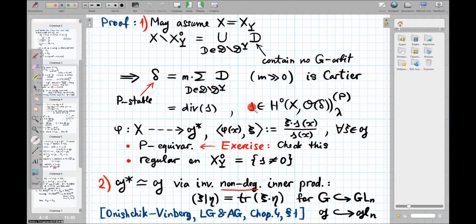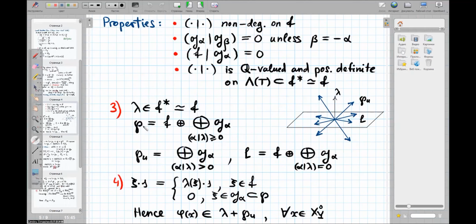Not a vector, but the whole line. This P is the stabilizer of the line spanned by the highest weight vector of highest weight lambda. And this is the reason, actually.